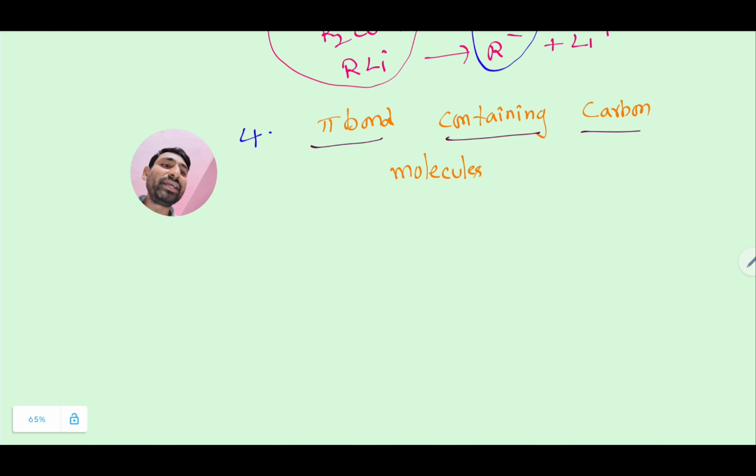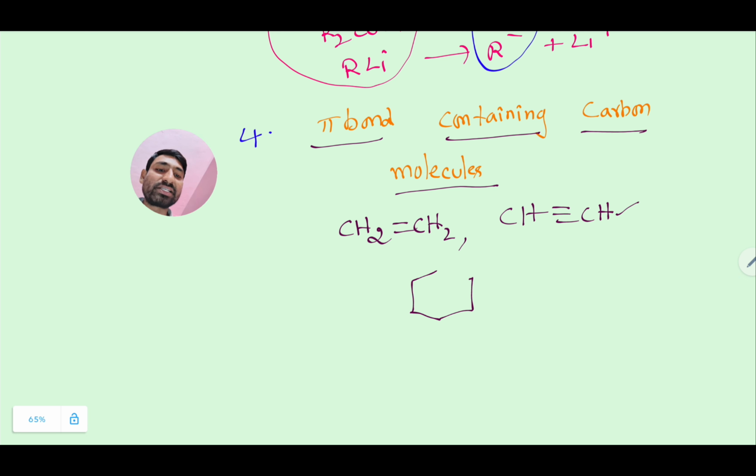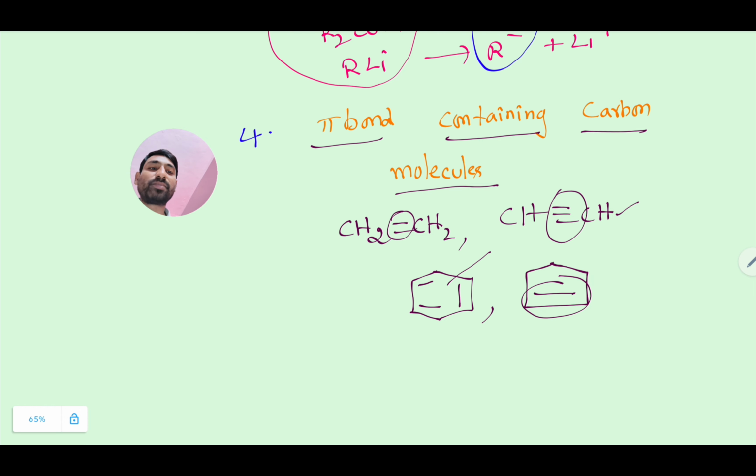Pi bond containing carbon molecules, for example CH2=CH2 alkene, CH≡CH alkyne, a 6-member ring with 3 double bonds, a 5-member ring with 1 double bond. Like this, pi bond containing hydrocarbons, particularly carbon molecules, can act as nucleophiles, guys.